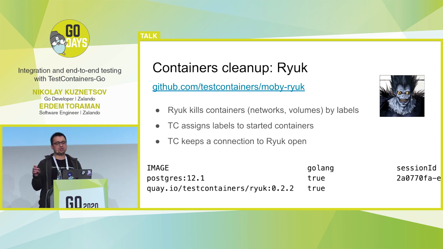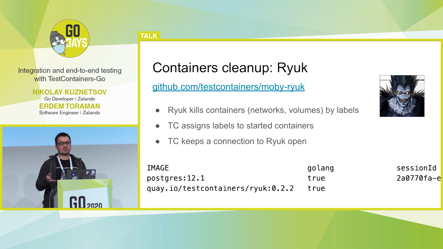It keeps the connection open in a separate Go routine. Once your test completes, that Go routine is shut down, this connection is closed, and this is the trigger for Ryuk to start acting. It stores those labels, and once it detects that the connection is not alive anymore, it waits for 10 more seconds.